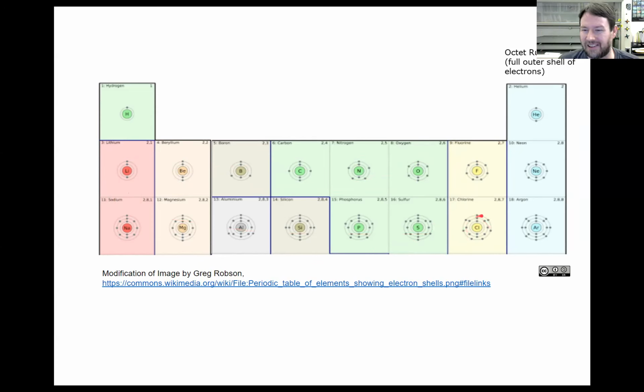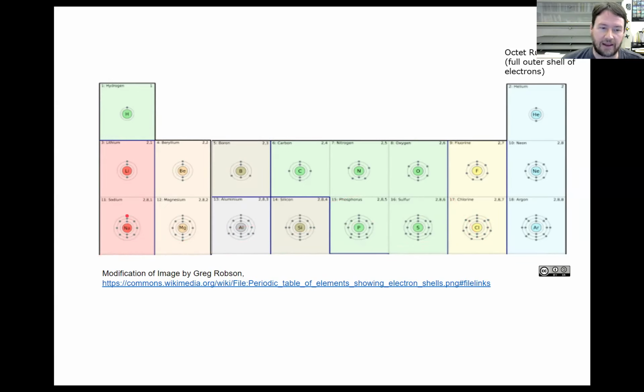And then what about chlorine? Chlorine has 7 electrons in its outer shell. So if it could pick up an electron from somewhere else, it's going to have a full outer shell. So when we get sodium and chlorine together, they react by sodium completely transferring its electron to chlorine to form ions, which are charged atoms or charged molecules.